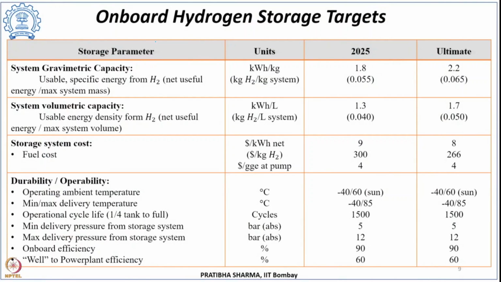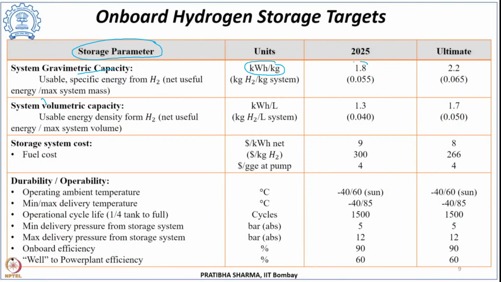These are the storage parameters. The international standard has already fixed these parameters, which should be met for storing hydrogen or using hydrogen as a fuel. The gravimetric capacity is the energy per kg, in kilowatt hour per kg.